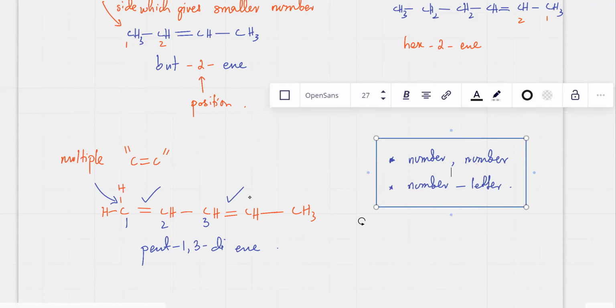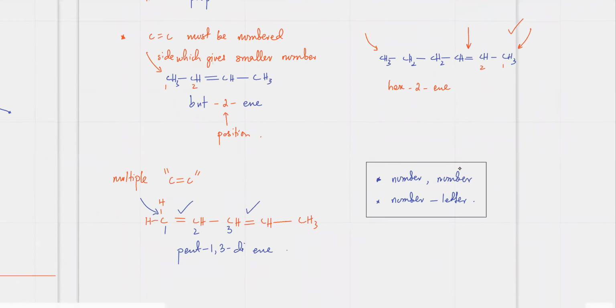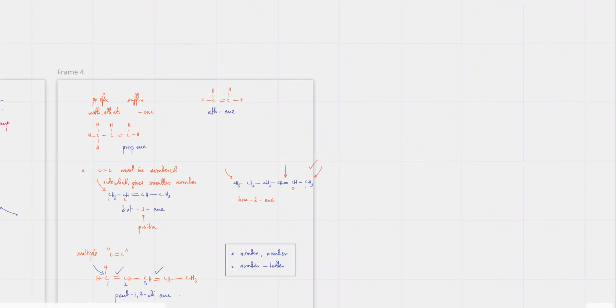This is just a tiny point. Like I wrote 1 and 3, there's going to be a comma between them. Between the 3 and the D, there's going to be a dash. Number and letter, a dash. Number and number together, separated by a comma. So that's pent-1,3-diene. Let's move to the next one.